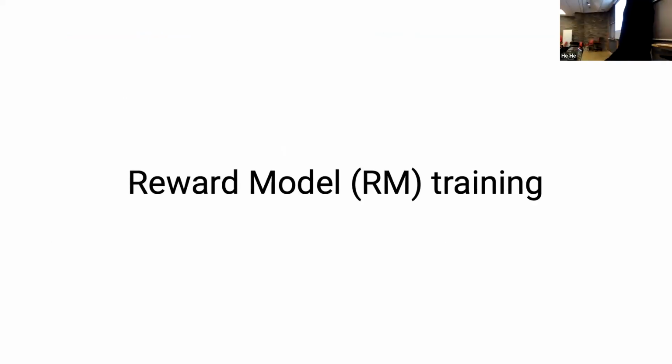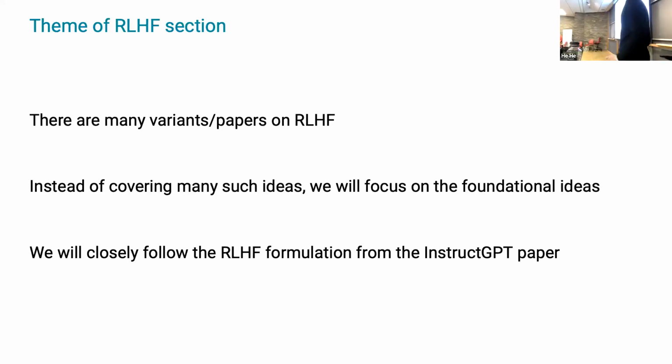And that's the second part of this lecture. So let's go into the reward model. I'm going to call it RM. In this second two-thirds of the lecture, the theme is this: there are so many RLHF papers, and this is a hot topic nowadays, with many variants.